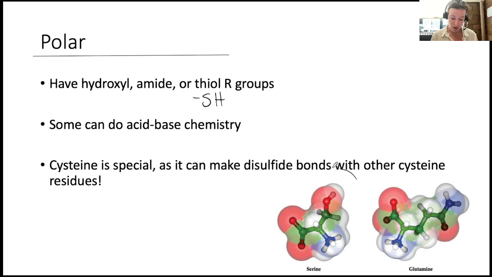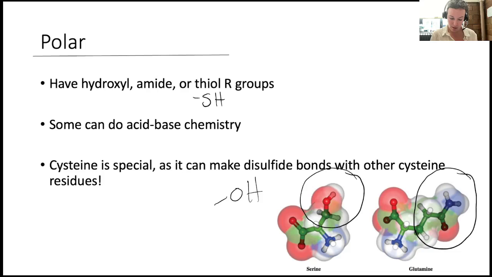We have the R group of serine, which is OH. You can tell in the electron density diagram that this is a polar molecule. Why? Because you have this red area here showing you the stronger electron density. We also have glutamine. Glutamine's R group is here.